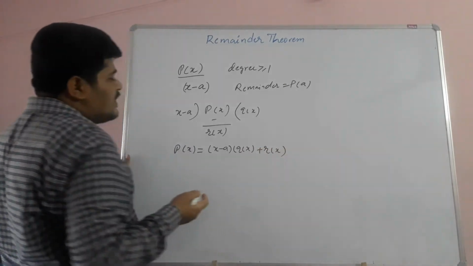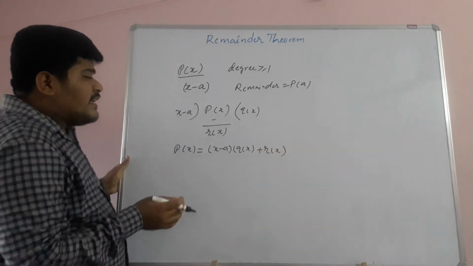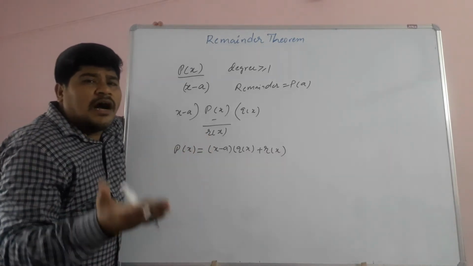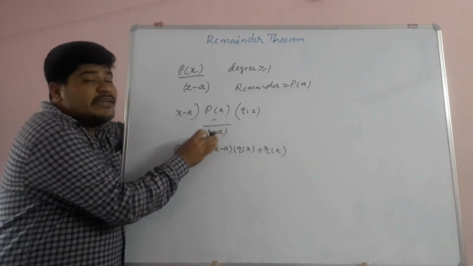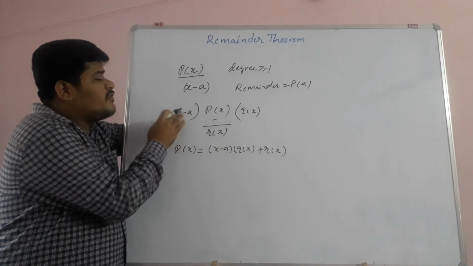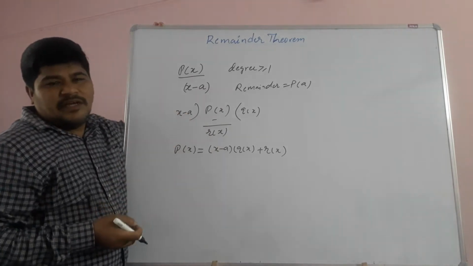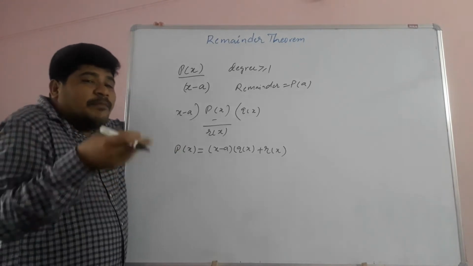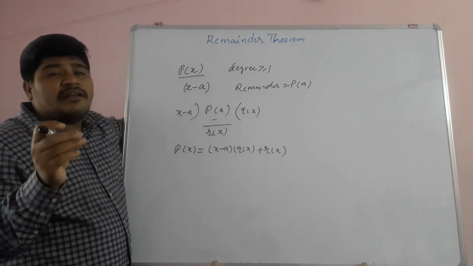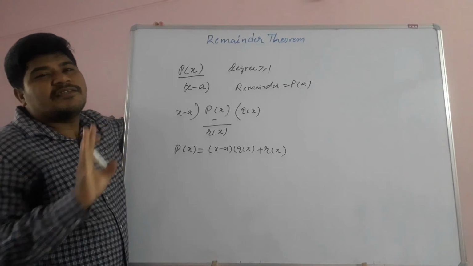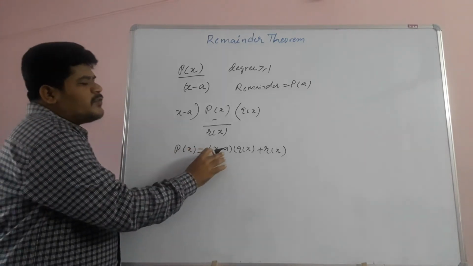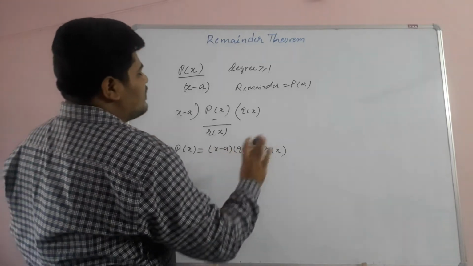So children, remember one thing: the remainder is either 0 or its degree is less than the divisor's degree. If you take numbers, the remainder may be 0 or must be less than the divisor. Here, p of x is equal to x minus a into q of x plus r of x.